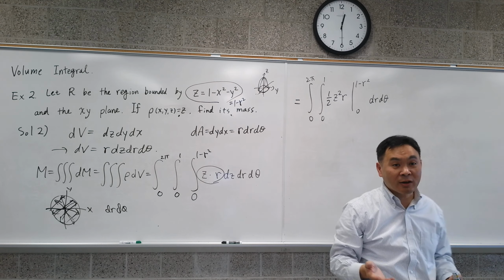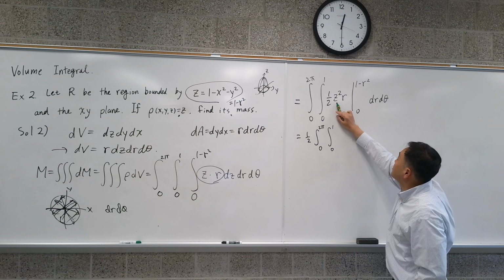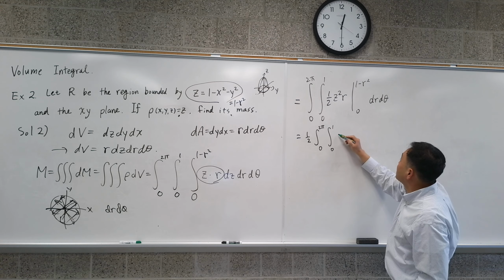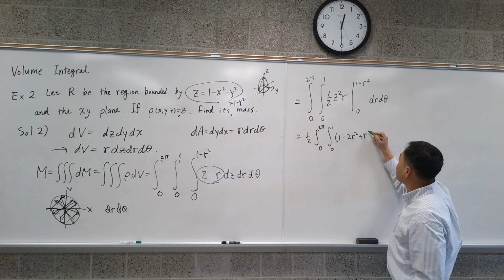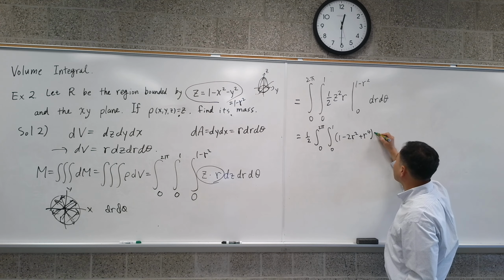That's going to give me this squared, so it'll be 1 minus 2r squared plus r to the 4th, times r, dr d theta.